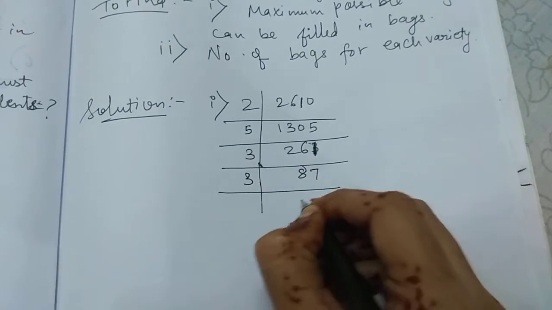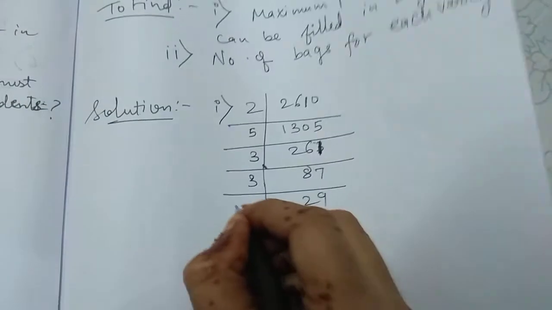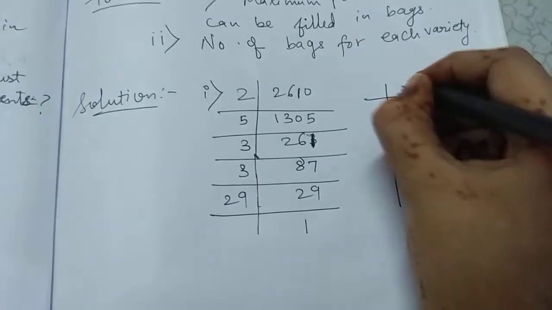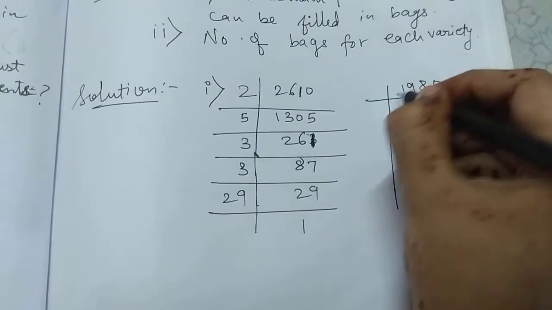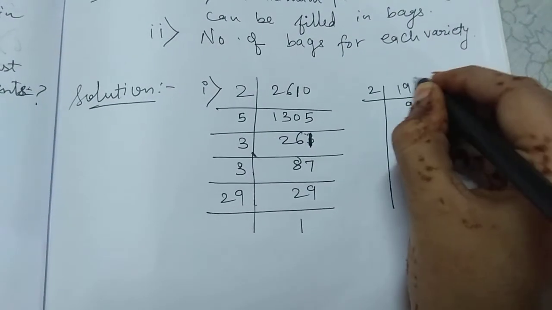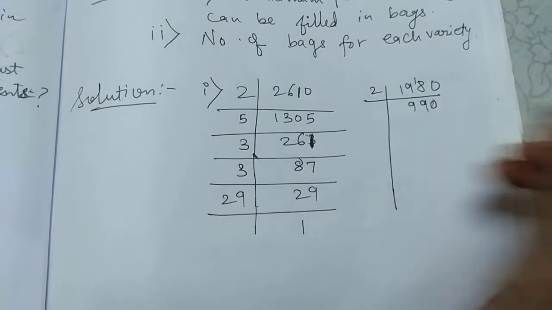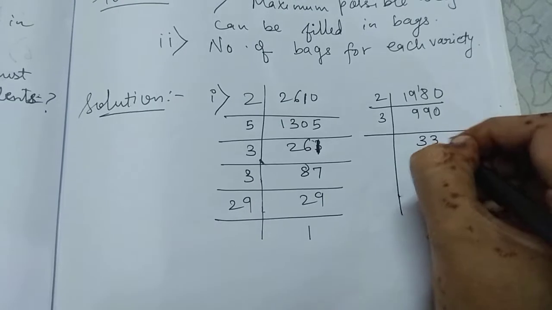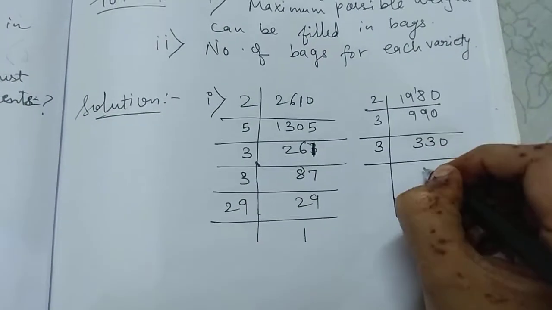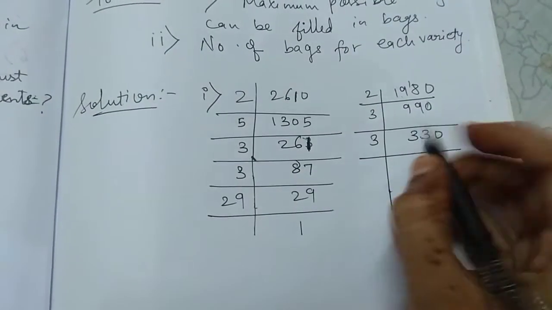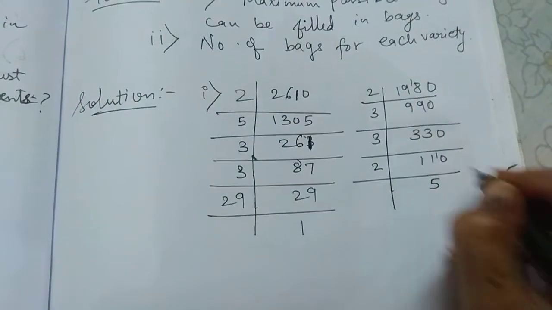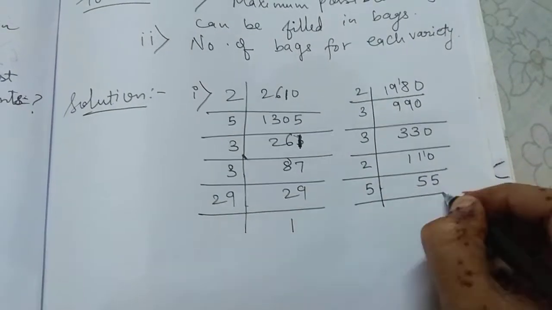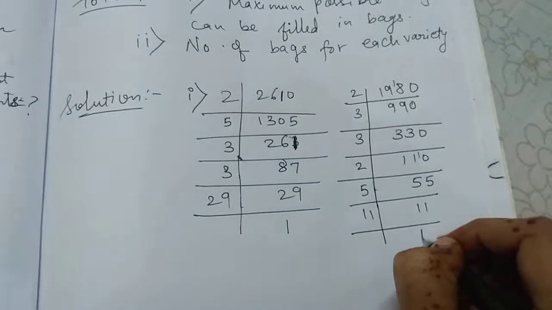Again 3 2s are 6, 3 9s are 27, 29 is a prime number, so 29 ones are 29. Next 1980. 2 9s are 18, 2 9s are 18, 2 zeros are 0. 3 3s are 9, 3 3s are 9, 3 zeros are 0. 3 11s are 33, 2 5s are 10, 5 11s are 55, 11 1s are 11.